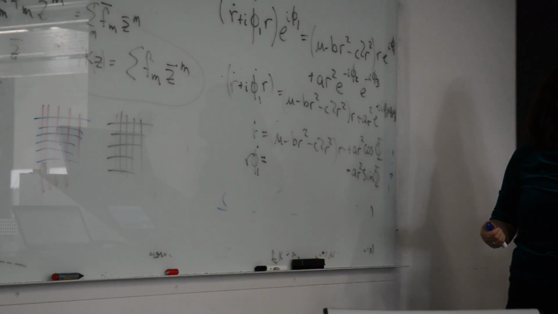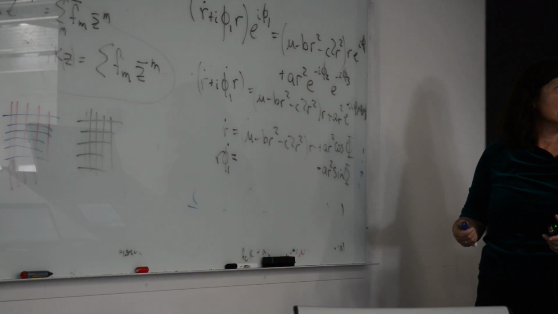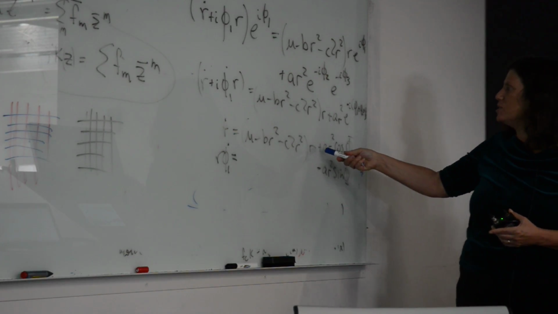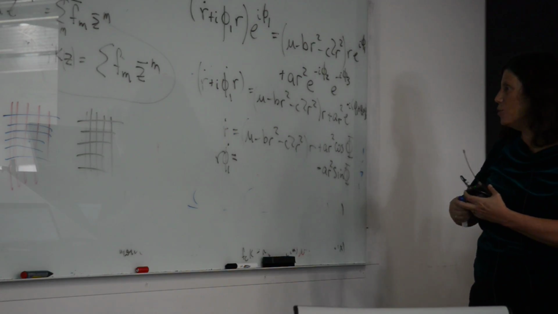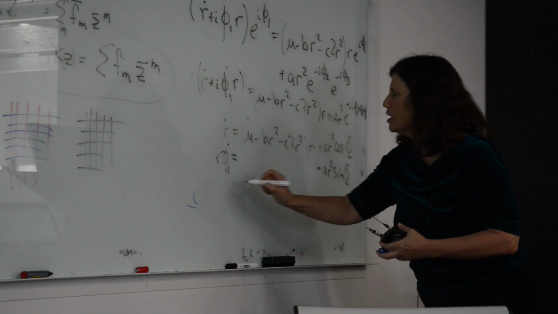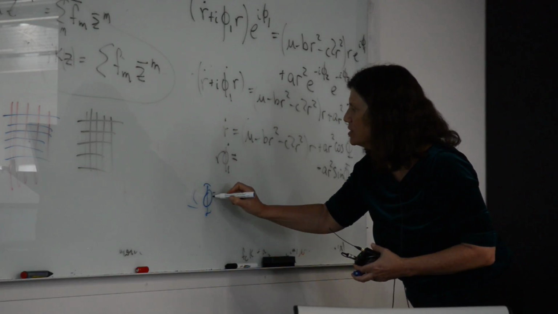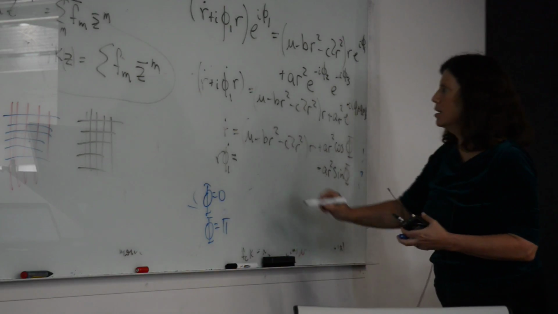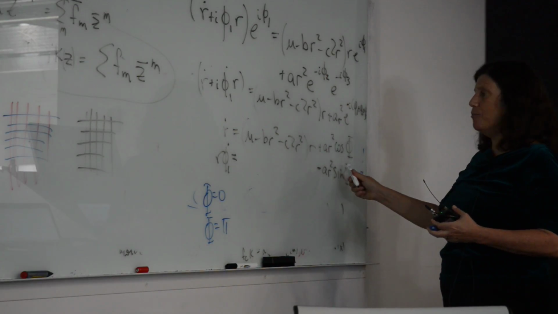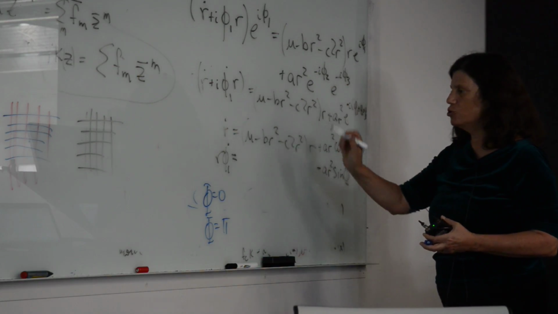You could have phi equals 0 or you could have phi equal pi. And that's going to influence whether you put plus or minus 1 here. So we get the two possibilities, phi equals 0 or phi equals pi, and both of those will make phi dot equal 0, so that part's okay.